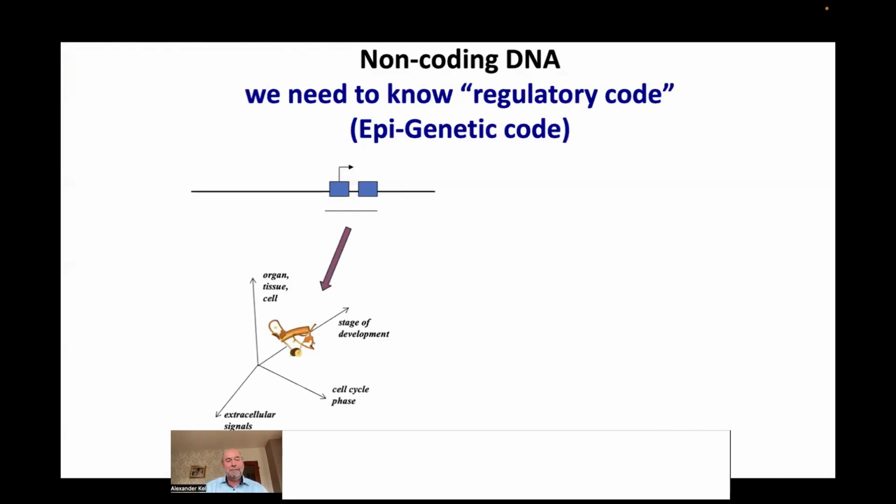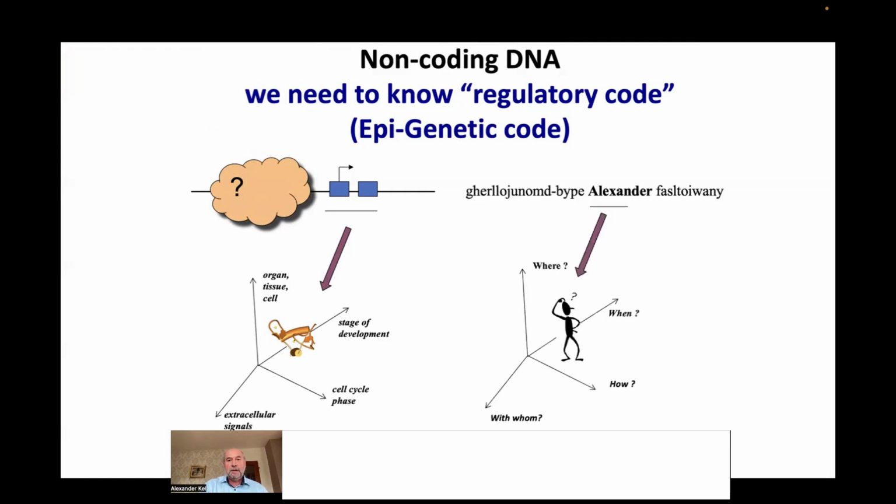But obviously we have to understand how the regulation of genes is organized. So we have to know this regulatory code, or we can rephrase it, the epigenetic code. We know a lot about the genetic code, but we have to know about the epigenetic code: how these signals, these motifs in the genome, control the activity of the genes. Just directly measuring where they bind seems not to be enough.